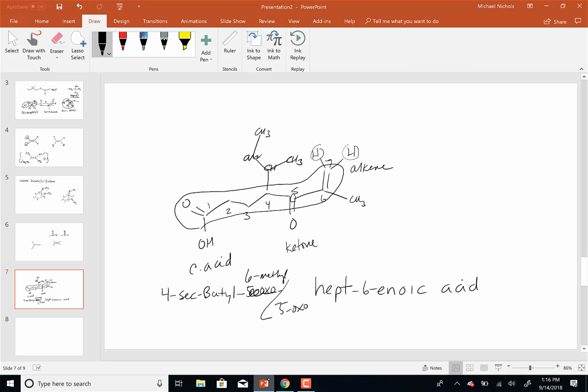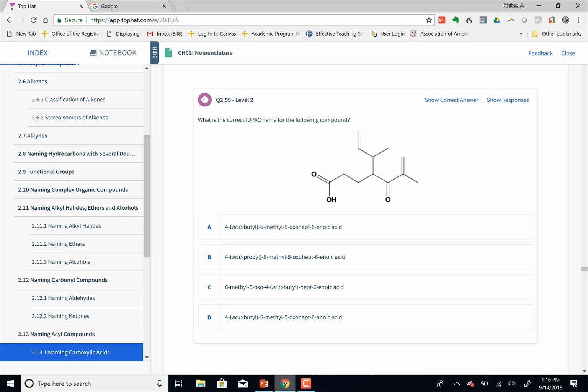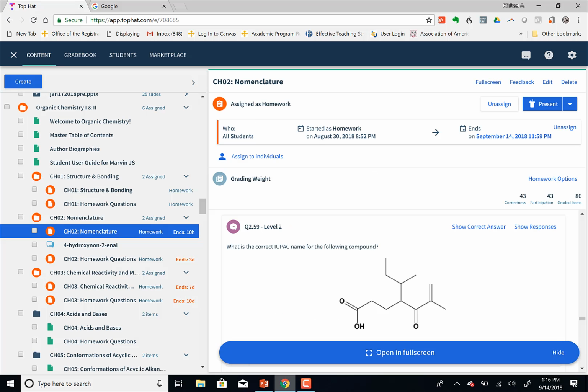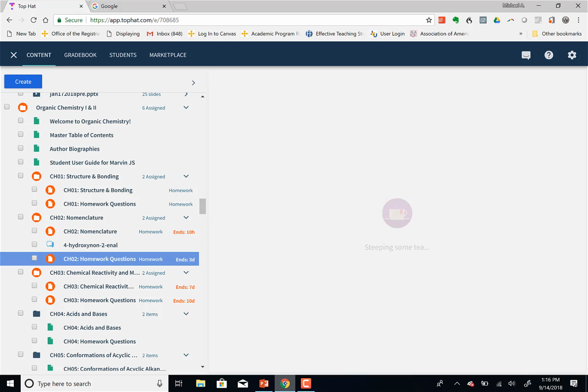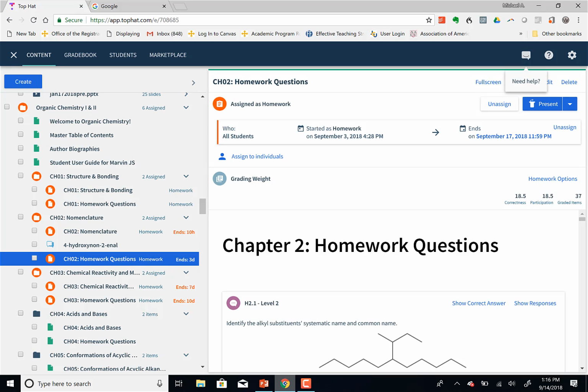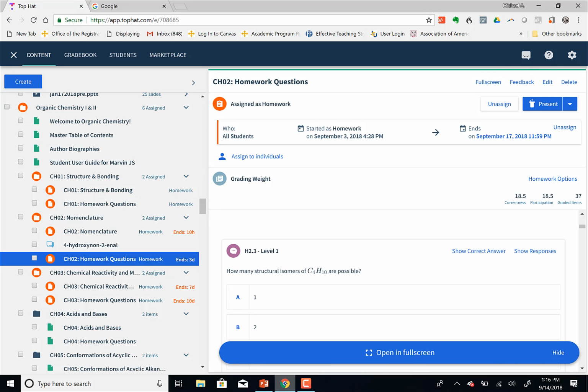What else? There was another one you had to write the name. It was the only one you had to write. In the reading or in the homework? In the homework. Okay, let me get out of the book. Go to the homework. You think it's in the 30s?